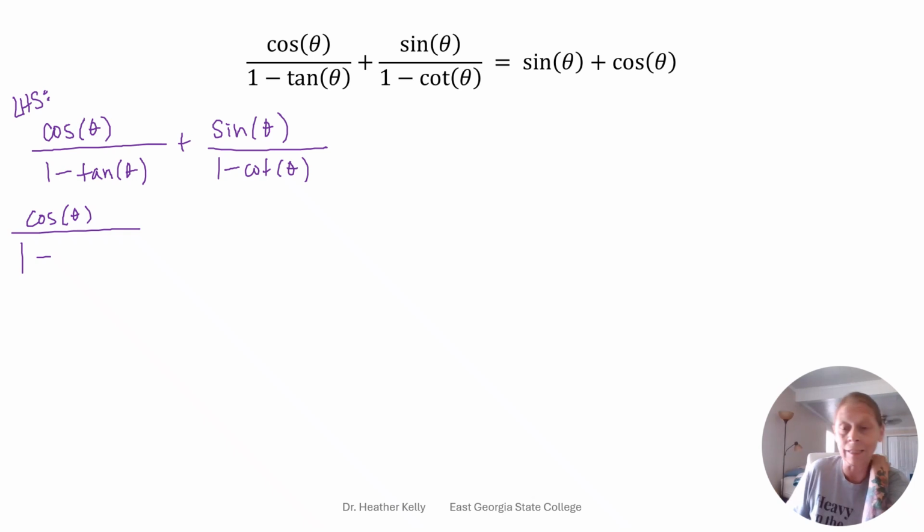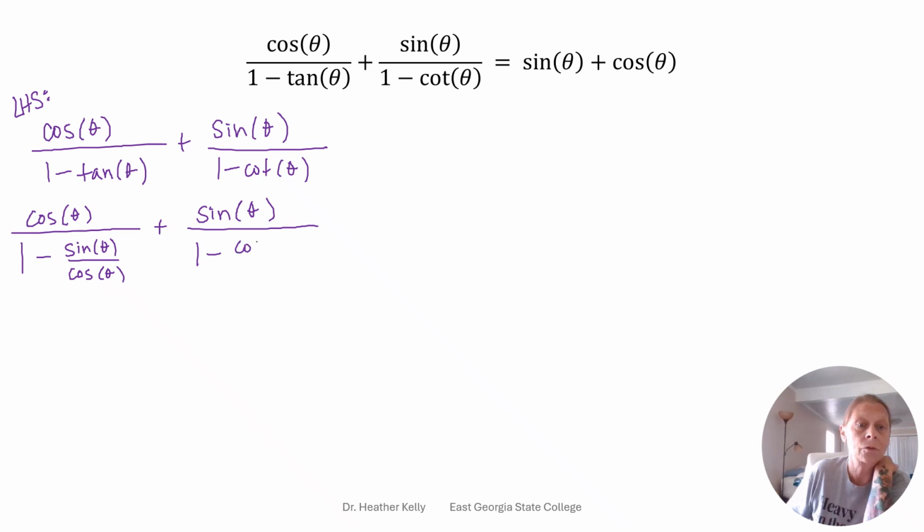I'm going to turn them into sines and cosines. So this is going to be cosine theta over 1 minus sine theta over cosine theta, plus sine theta over 1 minus cosine theta over sine theta.